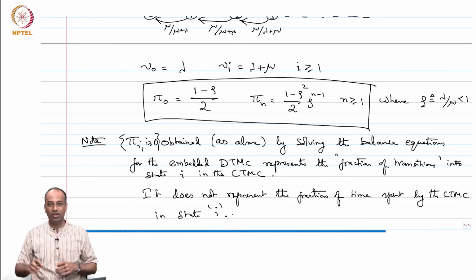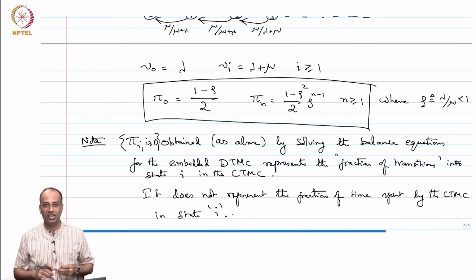Of course, in all this I am assuming that the embedded DTMC is irreducible and positive recurrent, so that I can solve pi P equals pi and get some pi i's. And the pi i's you obtain are the fraction of transitions in the CTMC going into state i, and it is not the fraction of time spent by the CTMC in state i. And what is the fraction of time spent by the CTMC in state i, we have to work out separately. That is an important topic we will get to later.